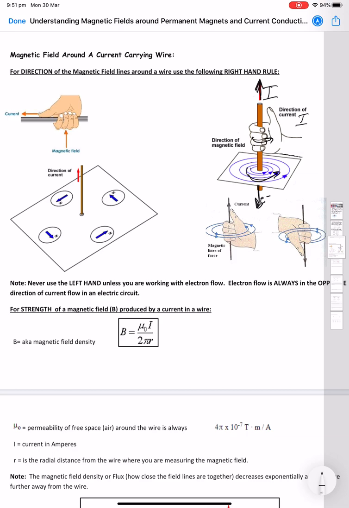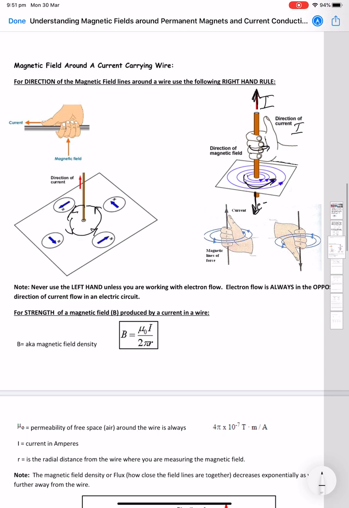now on to this equation. Oh, I should go over to this other diagram that I've got here. One of the ways that they identify the direction in which field lines are moving is by looking at the direction of compasses around a current conducting wire.